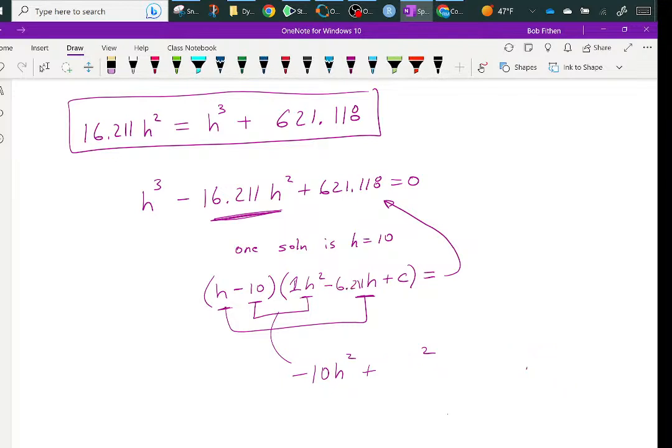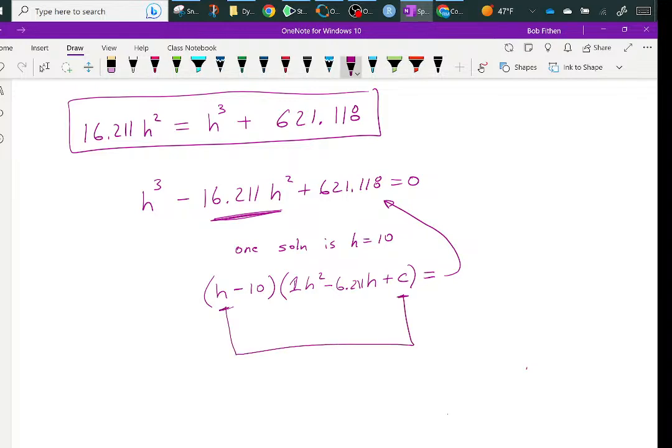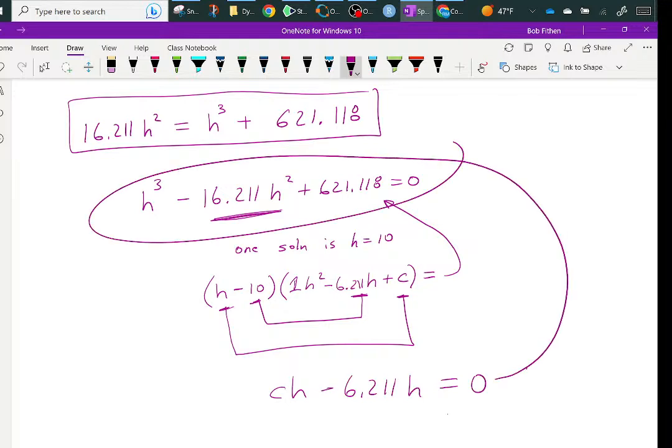Now, maybe I'm wrong, but if I am, correct me, because my brain is not working very well today. Now I'm looking for the H's, everywhere an H occurs. There, and there. So I get CH minus 6.211H, and that has to equal 0 because there is no H back here.